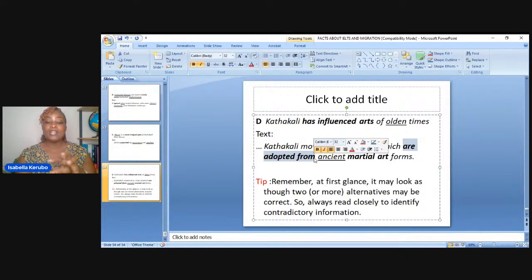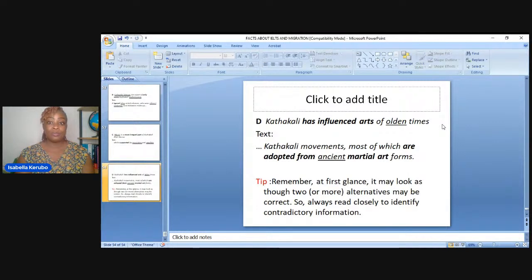They are adopted from, but they do not influence. It does not influence the arts of olden times. So the information is there, yes, but it contradicts the information that is given in the text. And this also makes us put an X to option D. So it takes us back to option A as the correct answer.